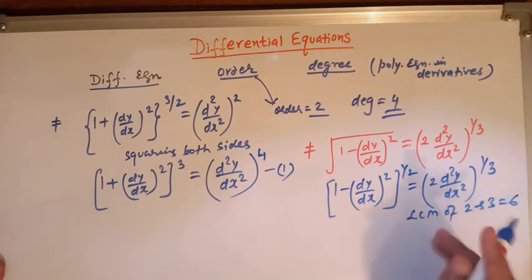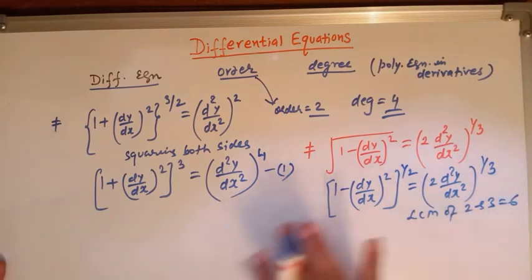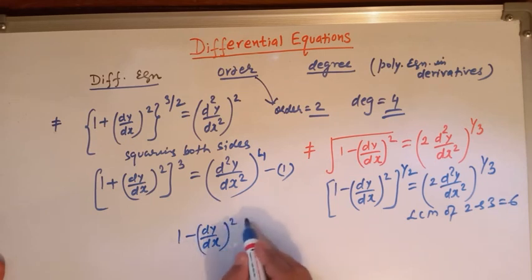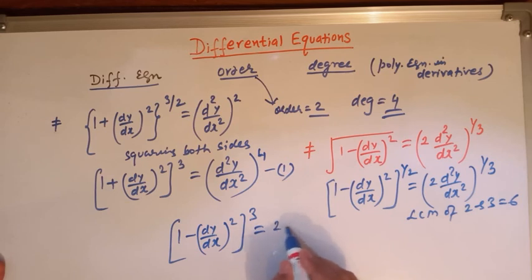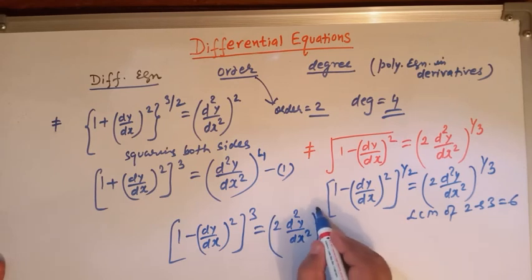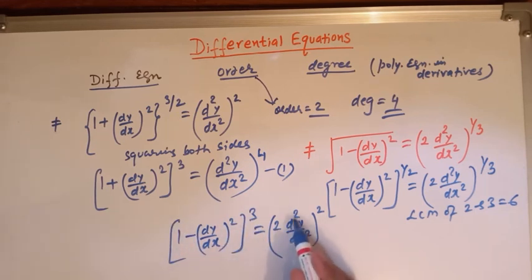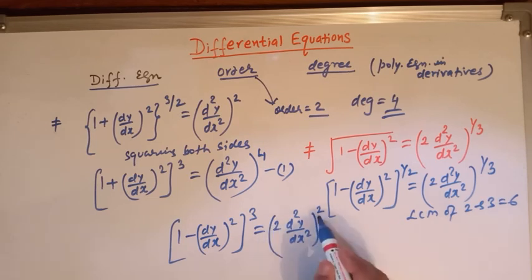Okay. Now taking power of 6 on both sides, we get 1 minus dy over dx, and this is square, and we have here 3, and we have 2 d square y over dx square, and here we have 2. Okay. So 1 minus dy over dx square, and the whole power is 3, and here we have 2 times d square y over dx square whole power 2.